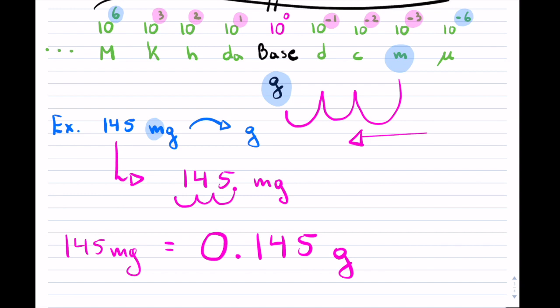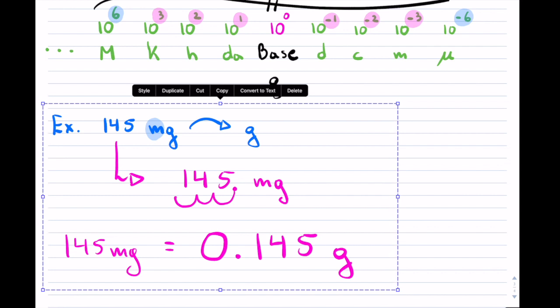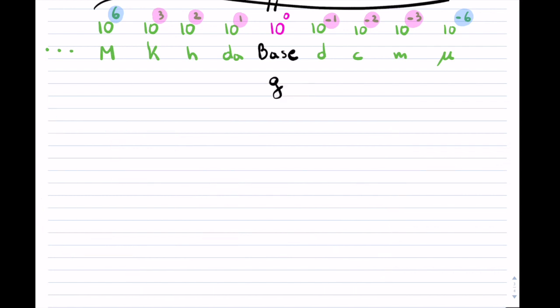Let's take a look at another example. So what if now I would give you a different example, which is 0.041 HM, and we want to convert to CM. So our base is changing.